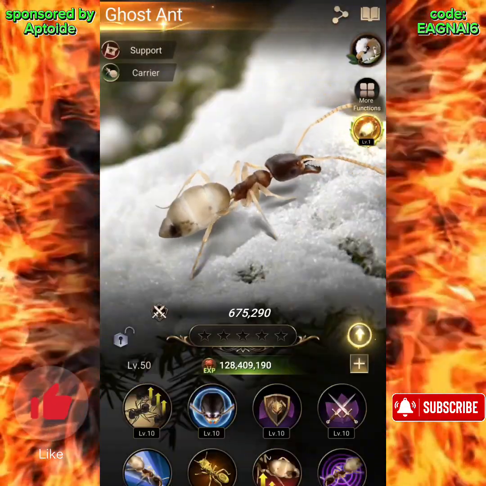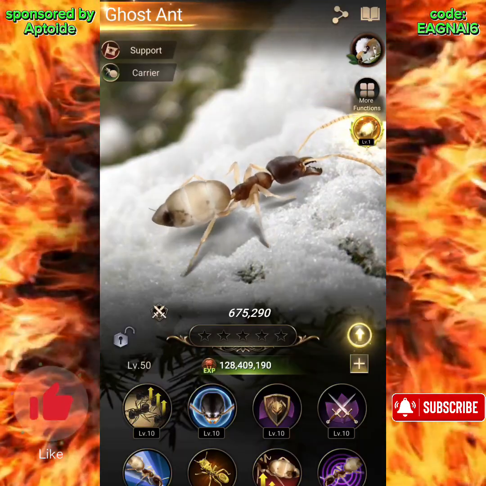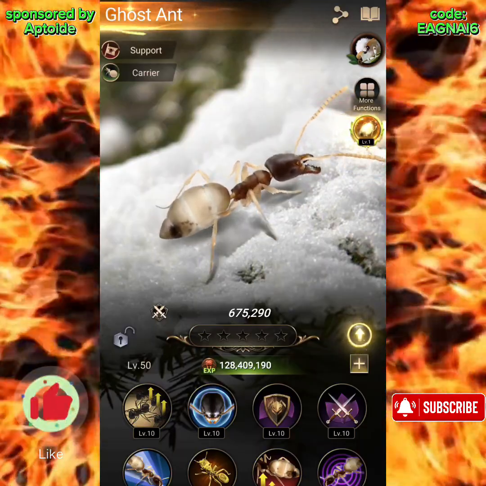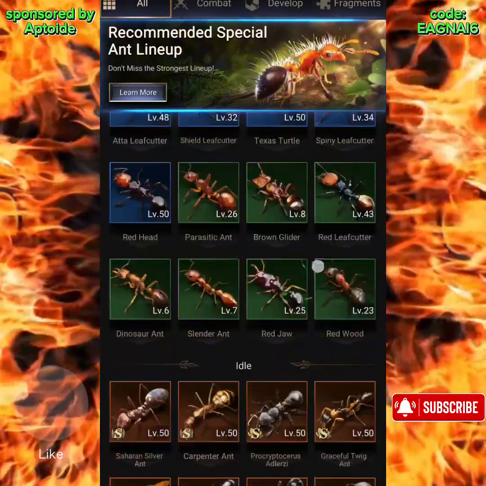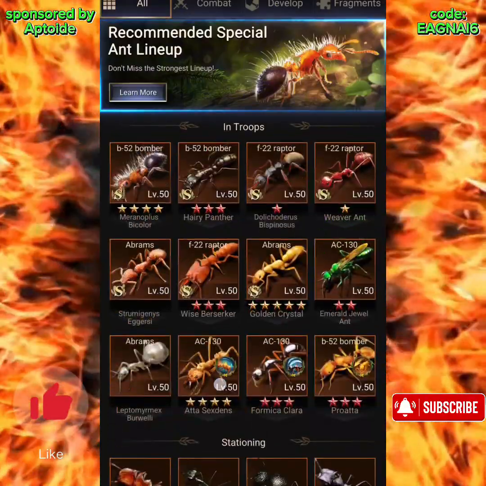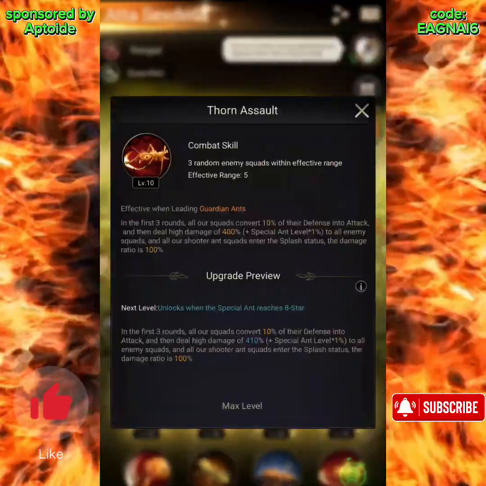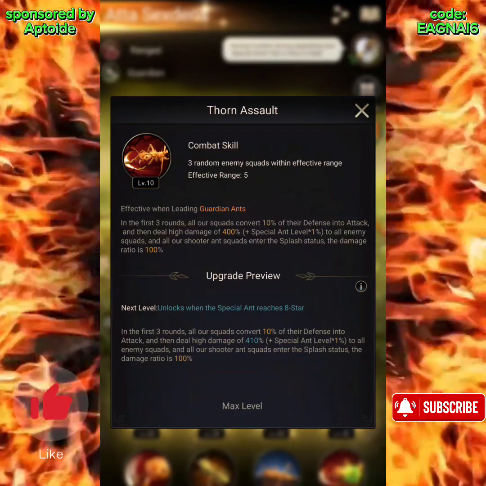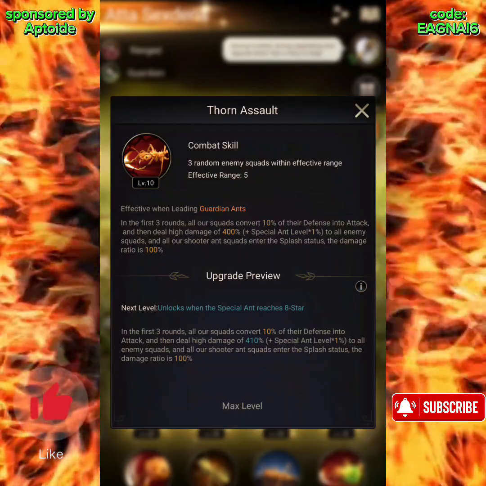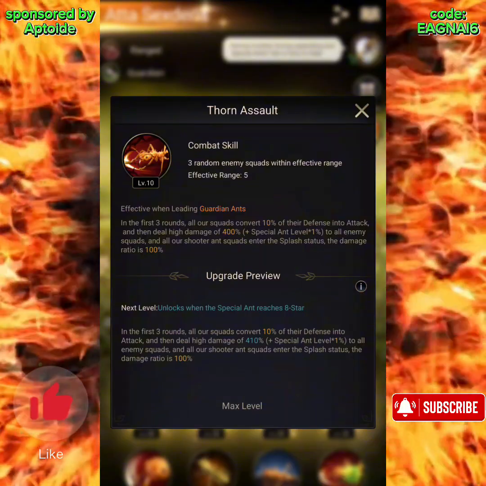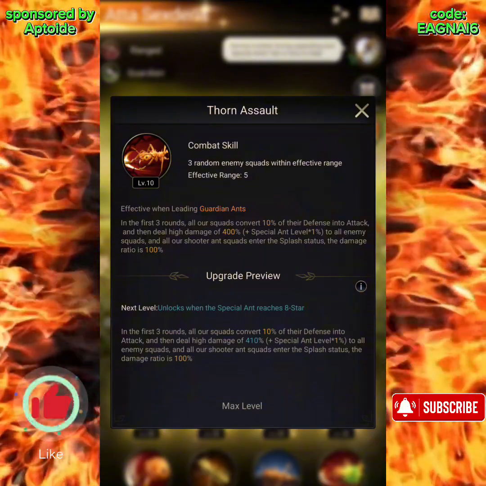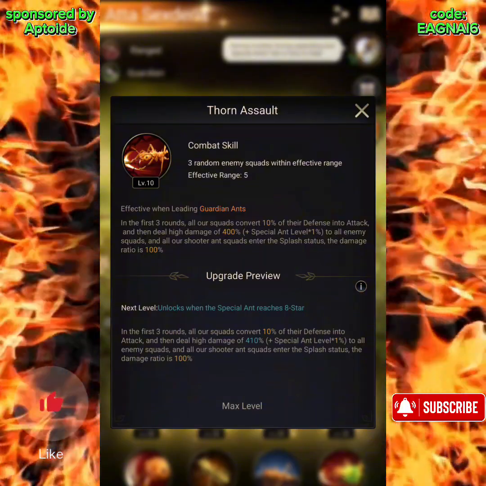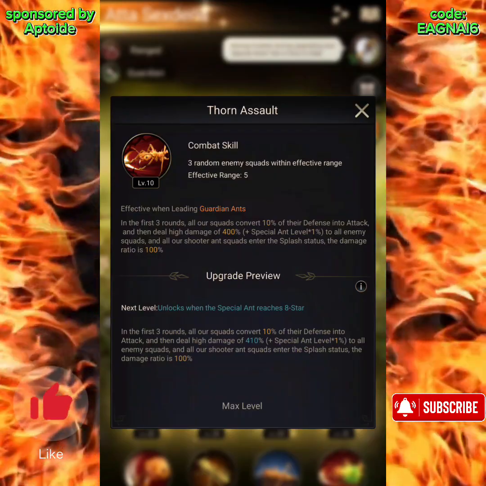The next classification I look at would be what kind of support class it is. If you look at ones like Attosexans, for instance, what I mean by a support class is, like, its skill 8, where it's putting all of your shooter ant squads into splash damage, with a damage ratio of 100%.